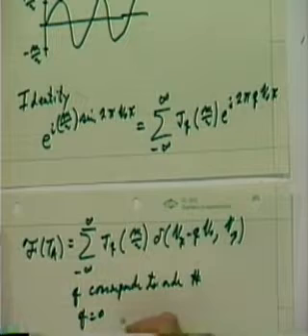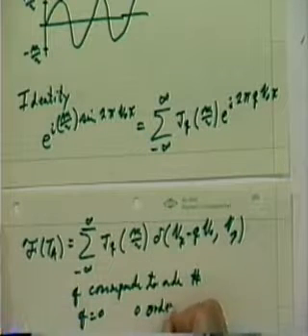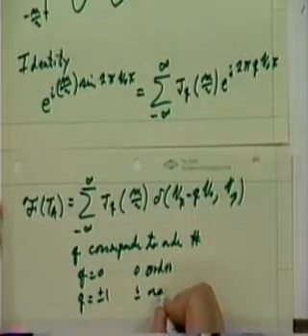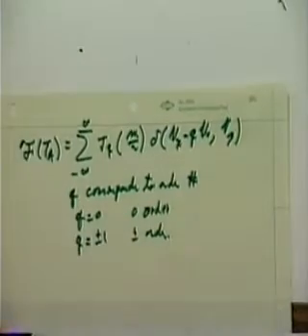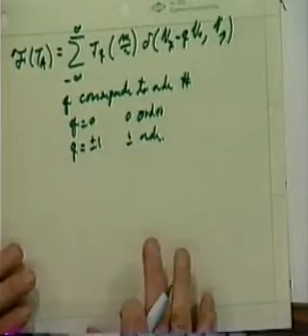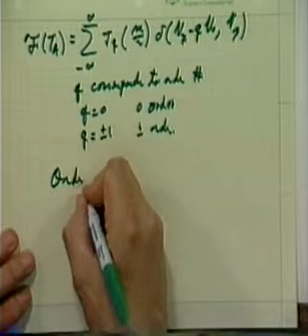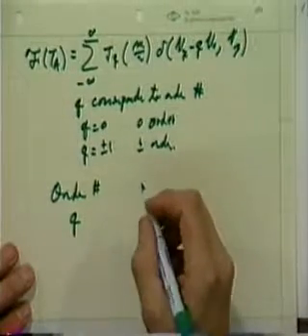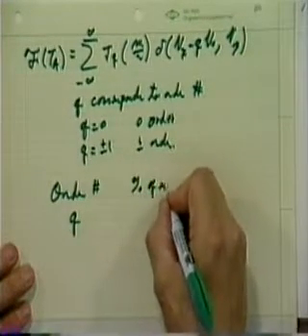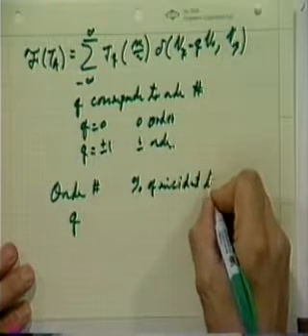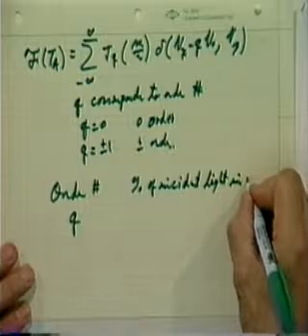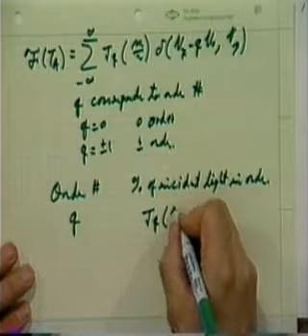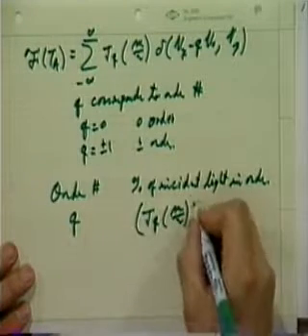So q equal to 0, of course, is the 0 order. The interesting ones are q plus or minus 1, the plus or minus 1 orders. And so the percent of the incident light in the qth order is J sub q of m over 2, squared.